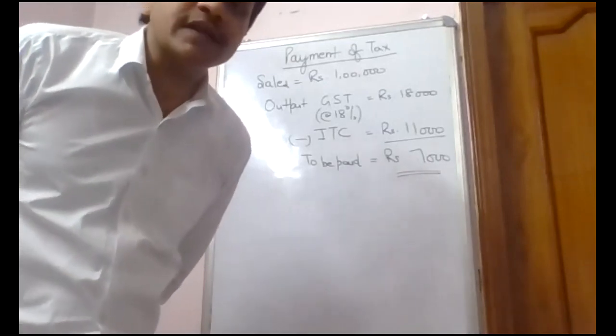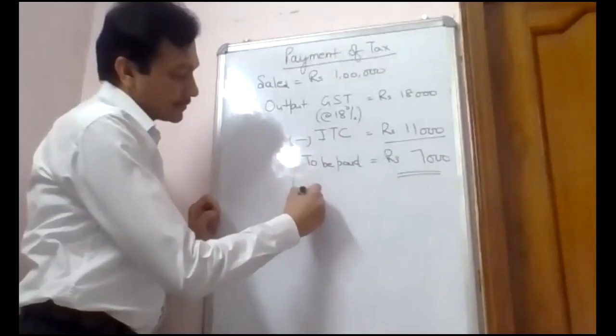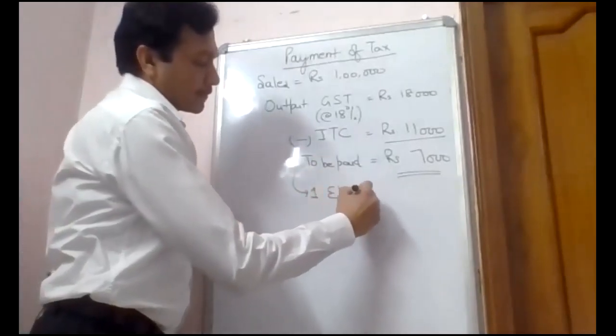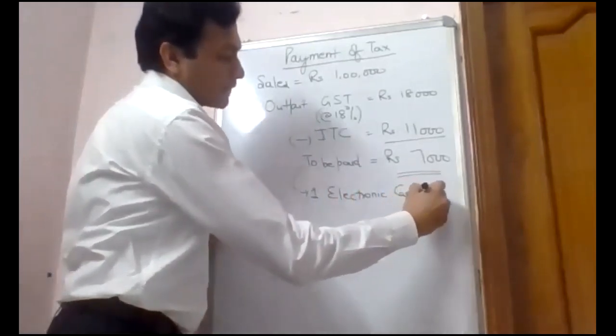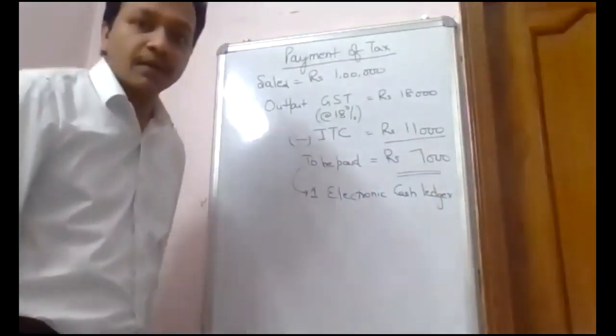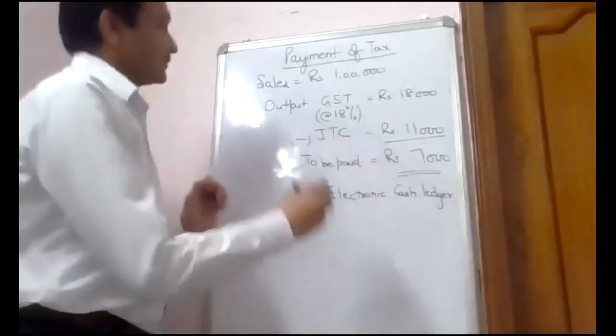One account is known as electronic cash ledger. My second account is known as electronic credit ledger.